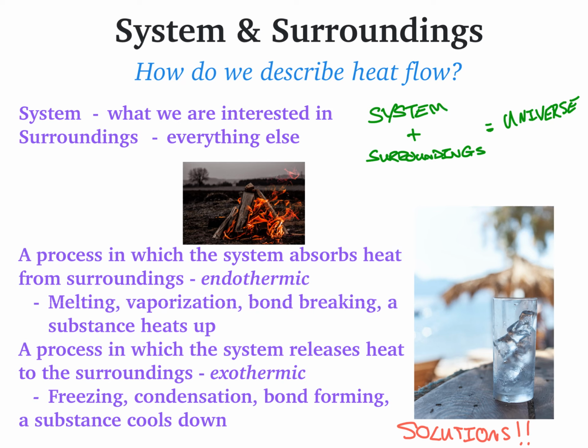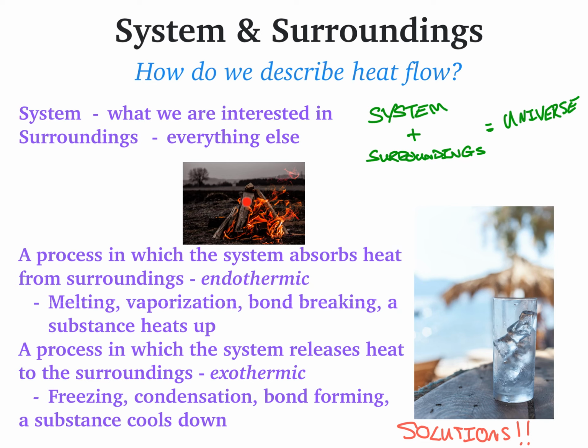So things like melting, things like liquid becoming a gas, a bond breaking. This is the most important thing, by the way, right here. Or a substance that just heats up, a substance that just absorbs energy, right? You walk from a cold inside to a warm outside, you're going to heat up. You're going to absorb heat from the outside, from the air, from the sun. That process is endothermic. It's when the system is absorbing heat from the surroundings.